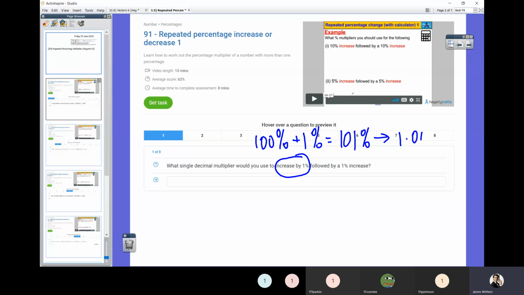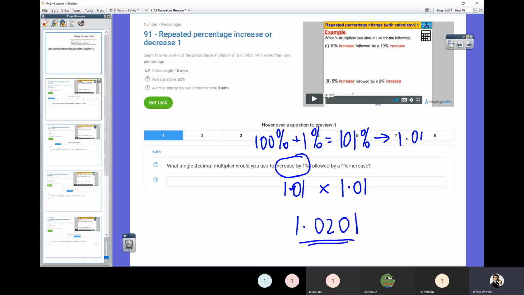So to increase by 1%, your multiplier is 1.01, and followed by another 1% increase, that would be another 1.01. You simply multiply those together. Get your calculator out, do 1.01 times 1.01, and you get 1.0201.